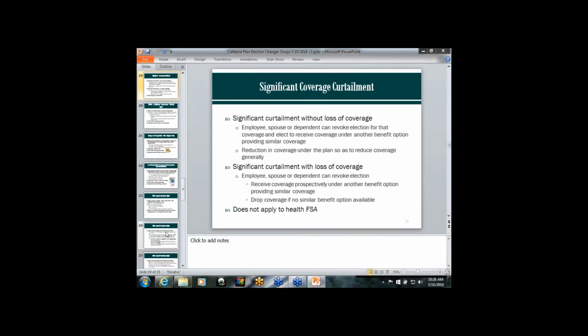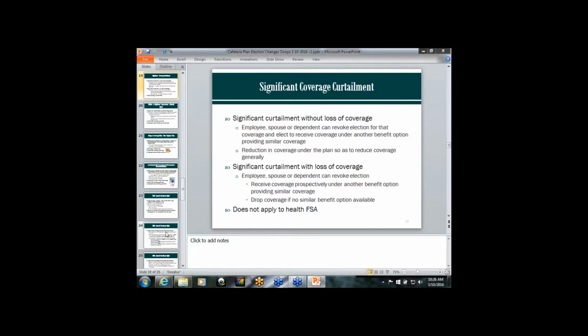So next we're talking about coverage curtailment. What is significant curtailment? It's when coverage under a plan is significantly curtailed such that there is an overall reduction in coverage provided under the plan, so as to be considered a reduction in coverage. That's the key thing we have to remember. We look at it in two aspects, either without a loss of coverage or with a loss of coverage, because based on that, it will depend on what kind of changes can be made.